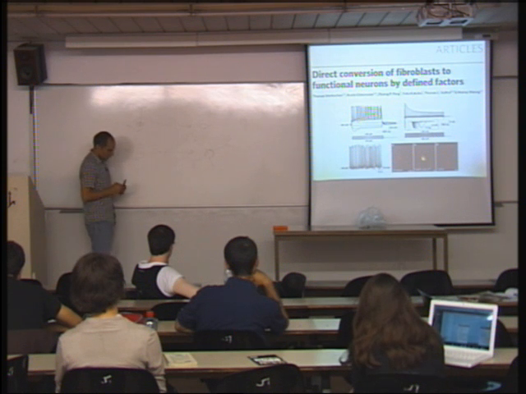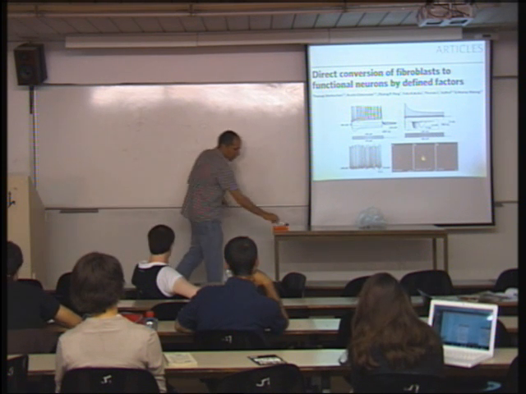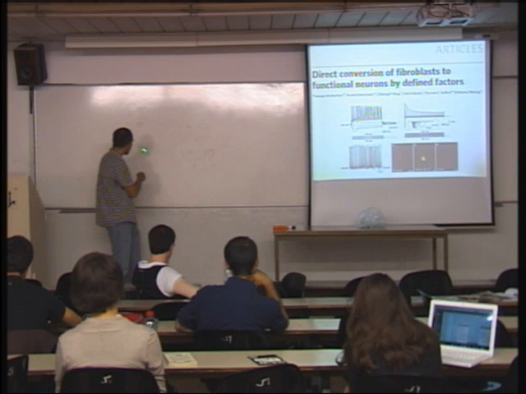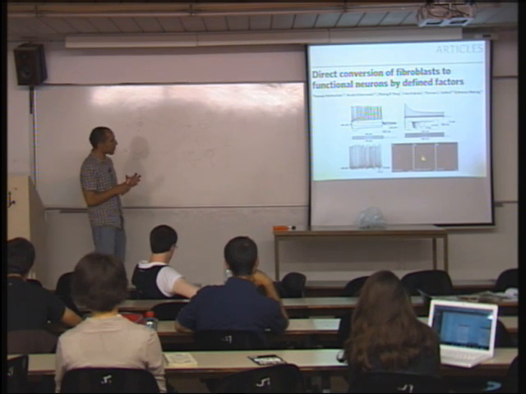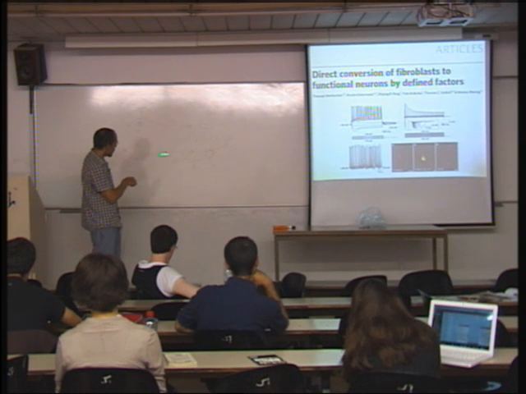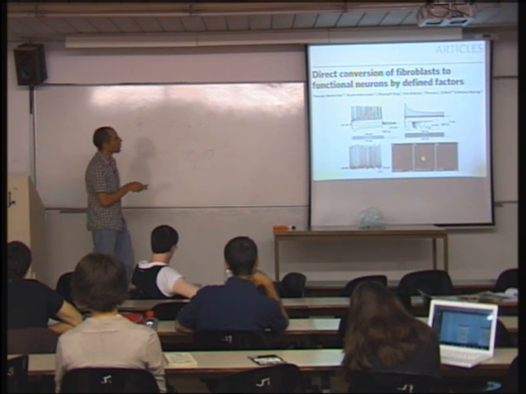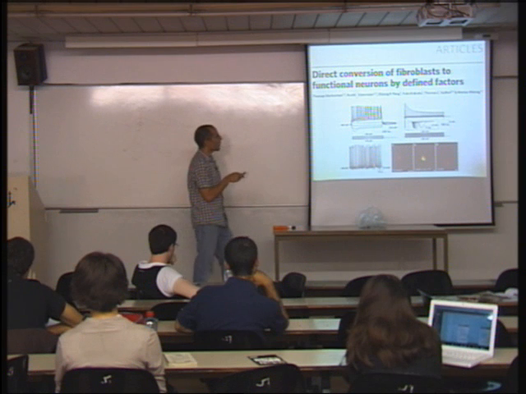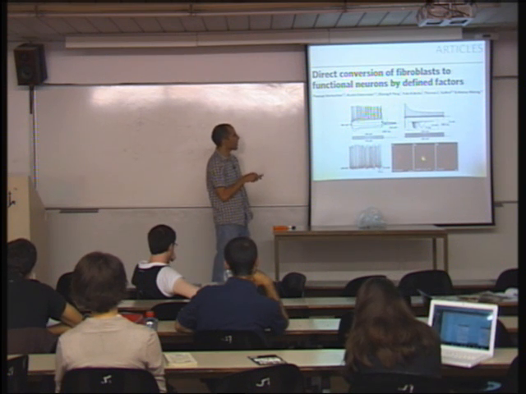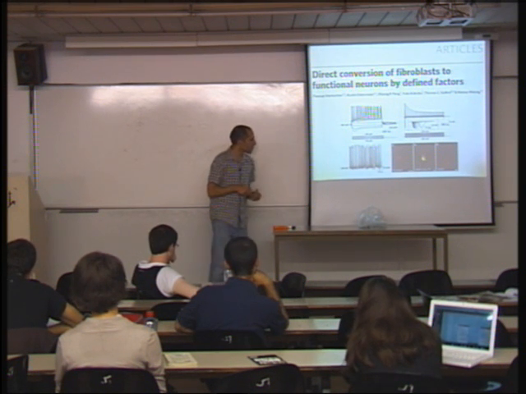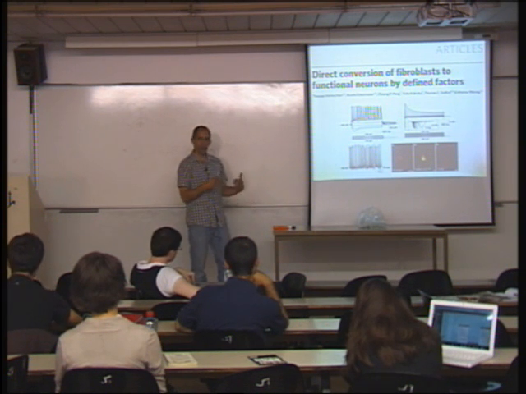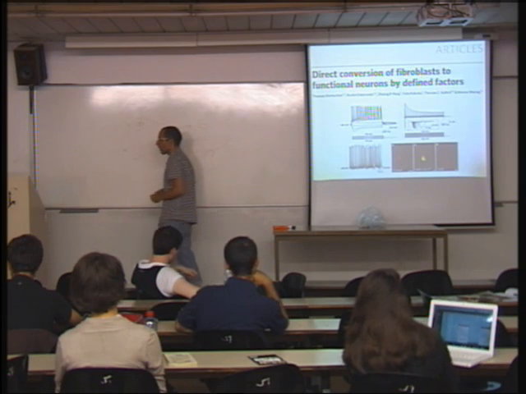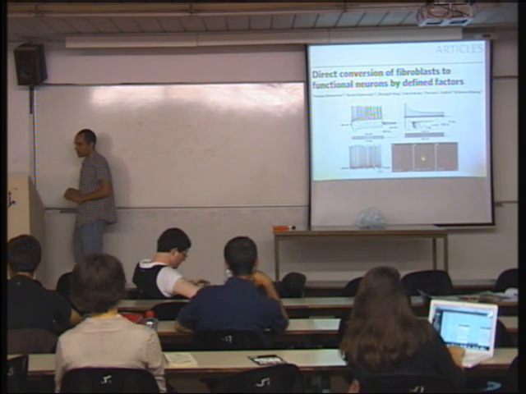They expressed three or four neuronal transcription factors in these fibroblasts, and they converted directly into functional neurons, whose electrical activity is very similar to neurons.